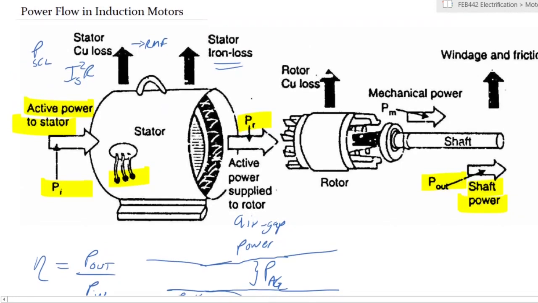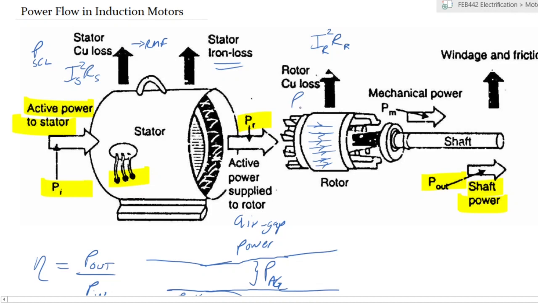Remember, once your air gap power crosses over in the form of a magnetic field, you now have induced currents rotating through the rotor. So you have a current IR at a frequency that we talked about. But again, there are losses within the rotor, because the rotor, remember, is a series of copper bars, and there are currents flowing through those bars. Those currents cause heat losses within the rotor.